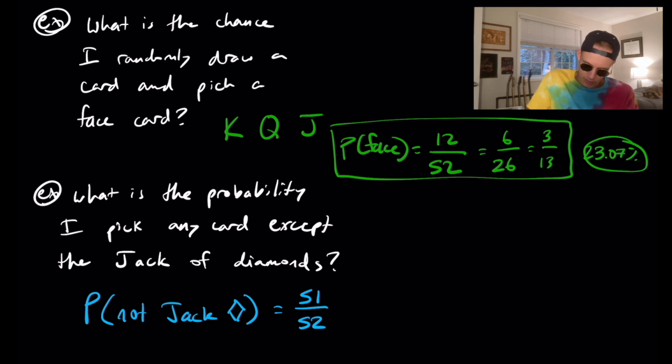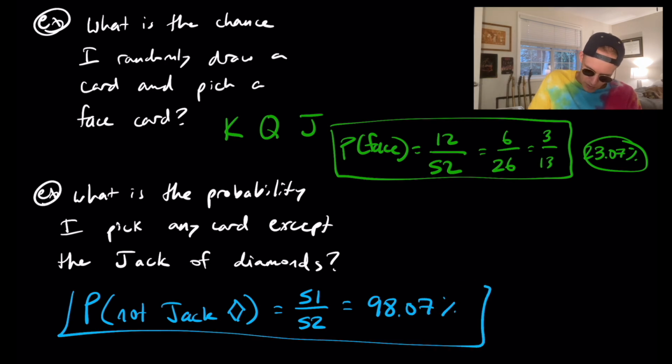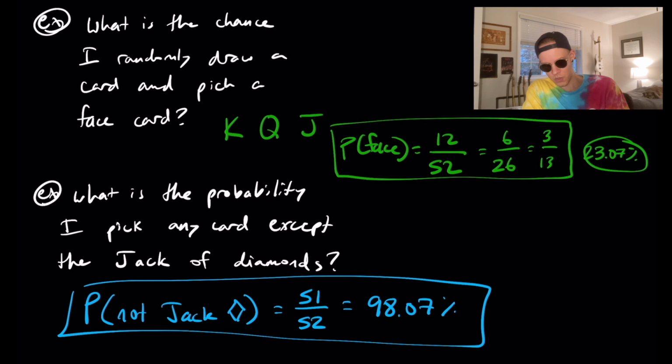And the likelihood, that's probably not going to be able to get reduced. But as a percentage, that's going to be 51 out of 52, which is 98.07%. So that's a pretty high chance that when you go in and grab a card, you're not going to get the Jack of Diamonds.